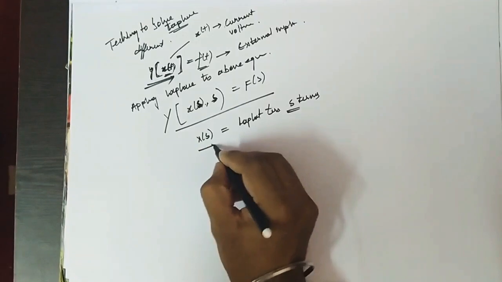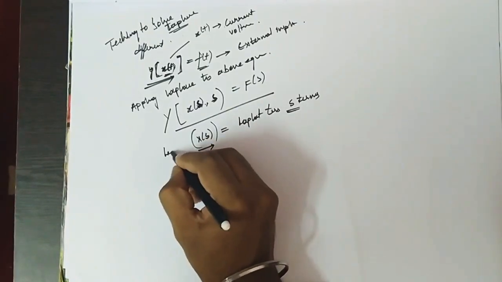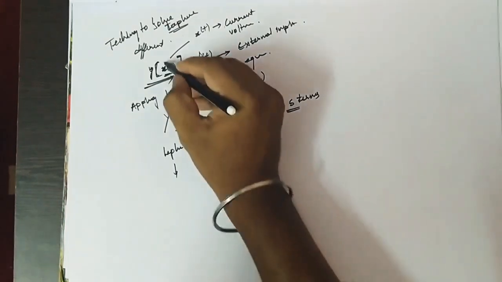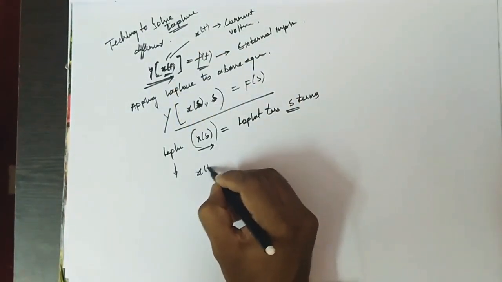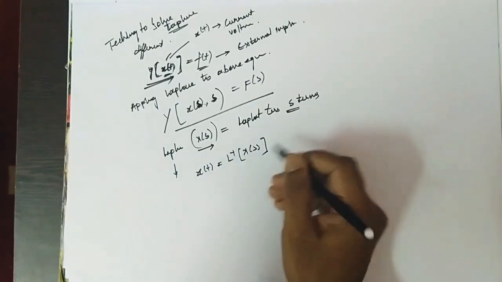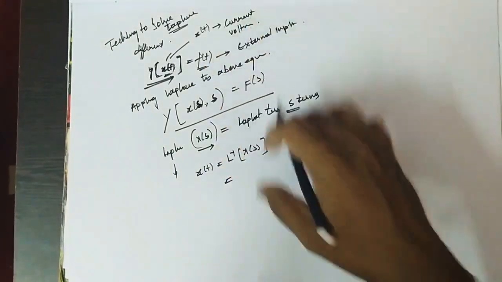And after getting this x of s in the Laplace domain, if you need the response x of t, then you will apply inverse Laplace to x of s. So you'll understand this concept while solving these problems.